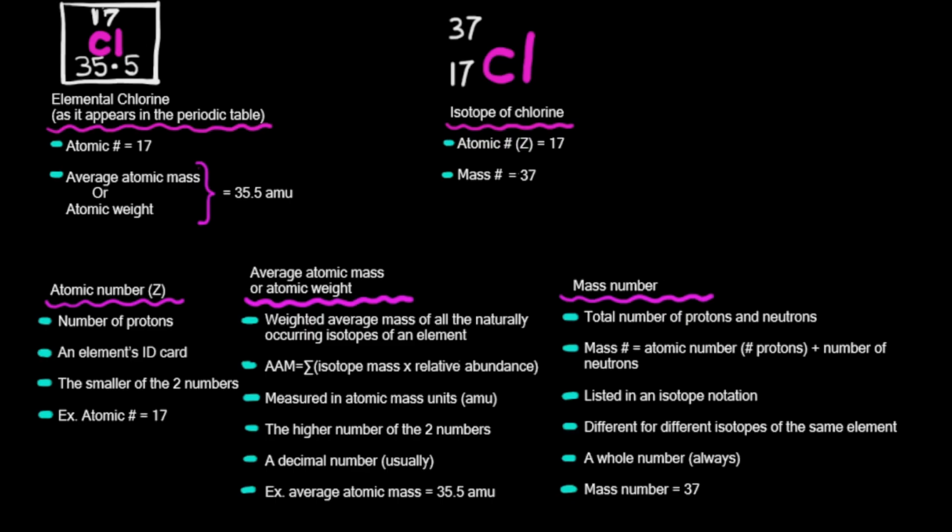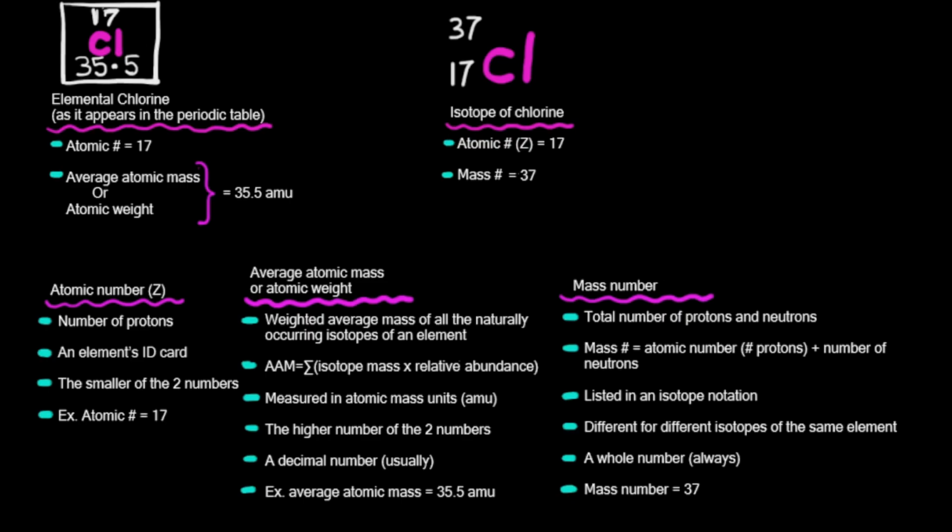The atomic number is the number of protons in the nucleus of an atom. It serves as a unique identifier of each element, almost like an ID card. On the periodic table, the atomic number is the smaller of the two numbers listed for each element. For chlorine, the atomic number is 17.